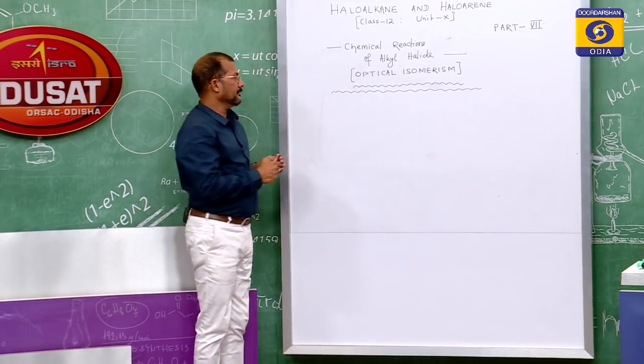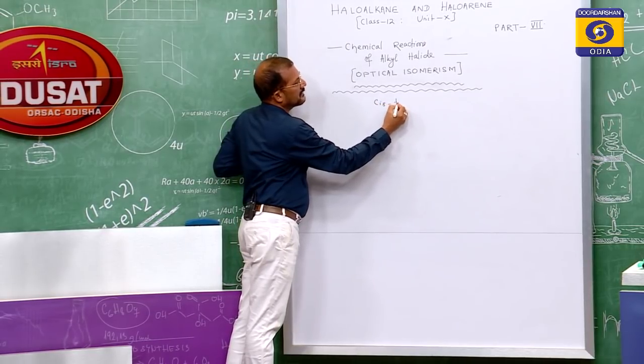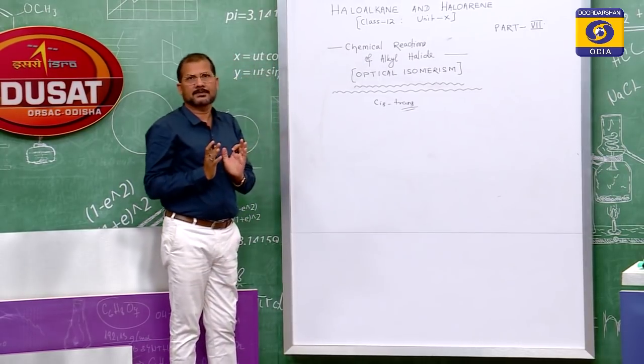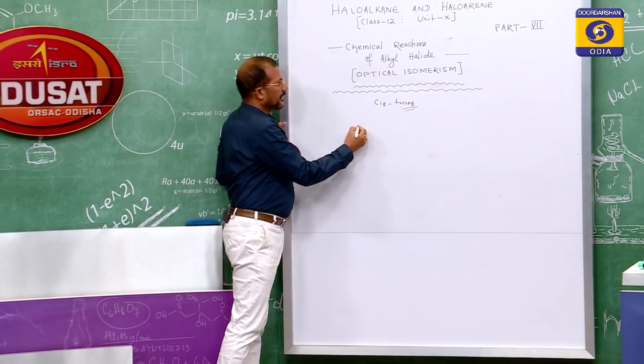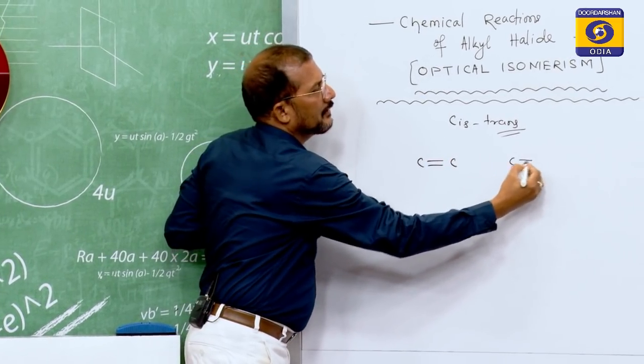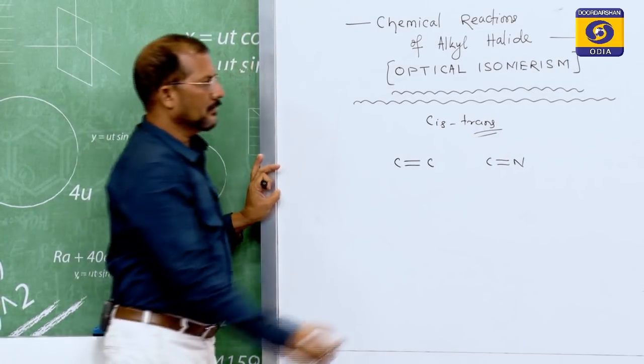Now, you must have remembered from your class 11 studies, there are cis-trans isomers. Those are the isomers created due to restricted rotation around a carbon-carbon double bond or carbon-nitrogen double bond.